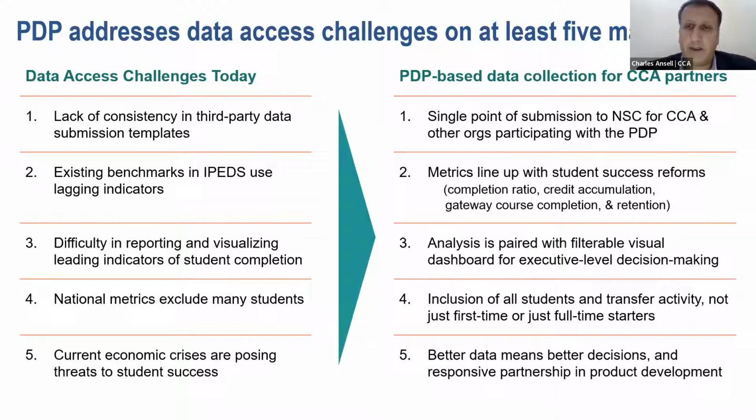And then, finally, being able to use those sorts of leading indicators to have data at hand that depicts student reality, so you can better make decisions to improve that reality.